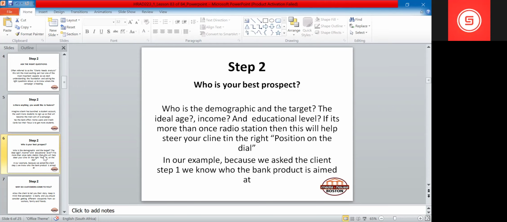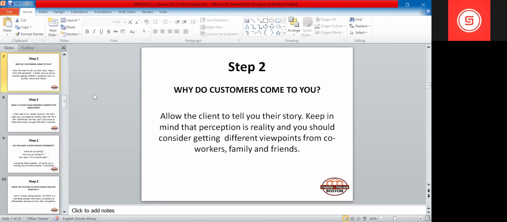So in our example, because we asked the client step one, we know who the bank product is aimed at. So why do customers come to you? Allow the client to tell you their story, right? If it's a standard bank, or an ABSA, Netbank, whatever it is, there is a range of different people that have different accounts and different clients.